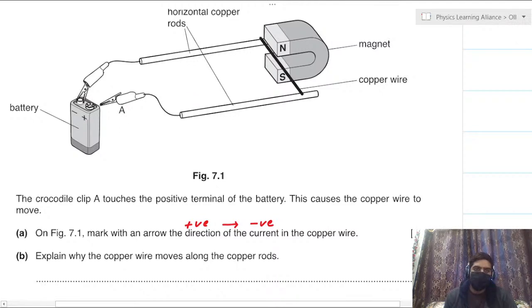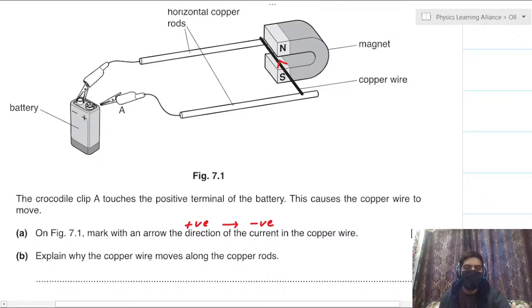So if we follow the positive terminal, that goes into the copper wire. The direction of current would be this one, upward, if you want to call it upward, or into the page or anything. It would be looking something like this.